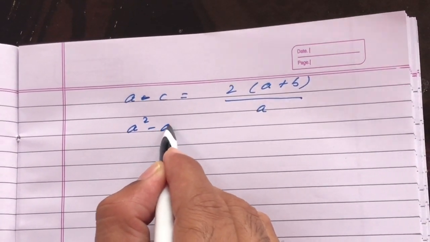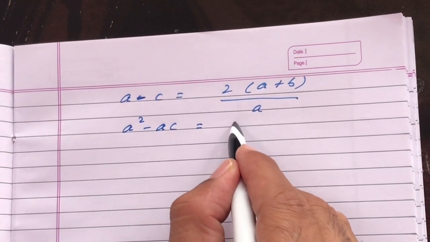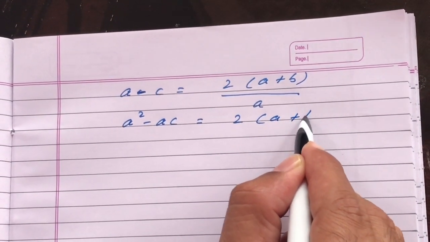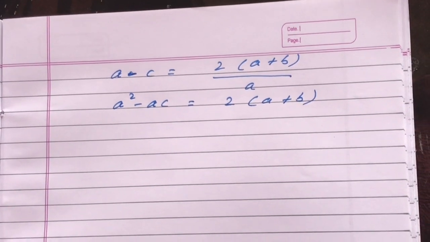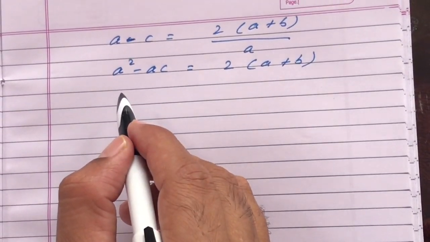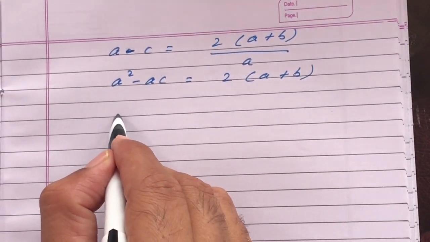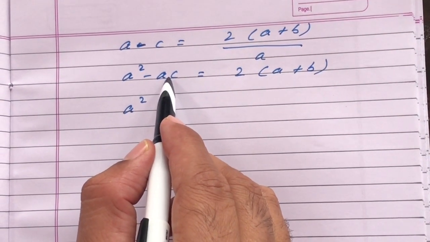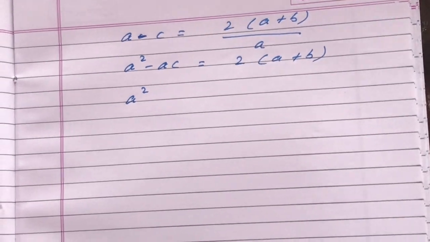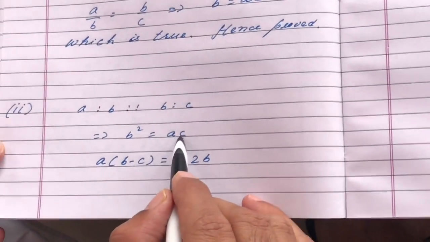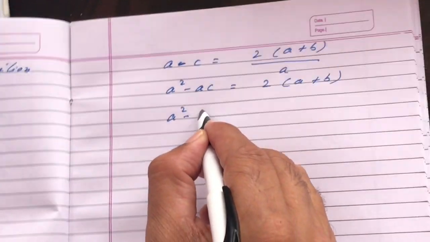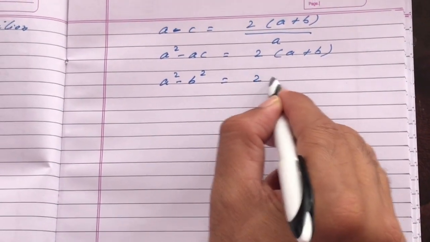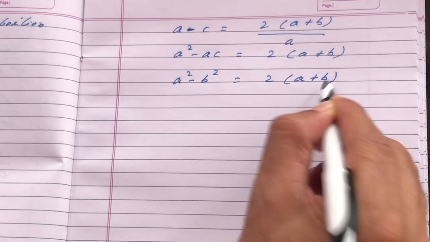A square minus AC is 2 into A plus B. Now AC is B square. From here I put the value of AC as B square. So A square minus B square is 2 into A plus B.